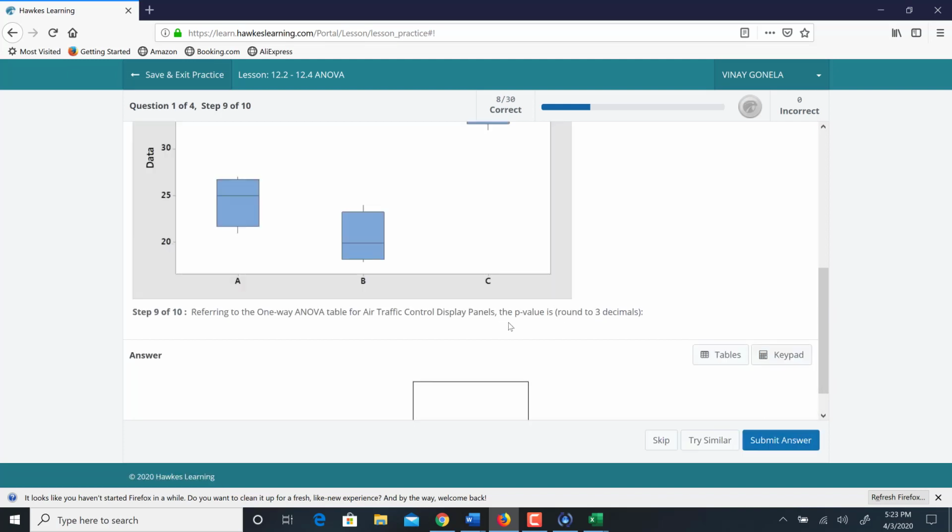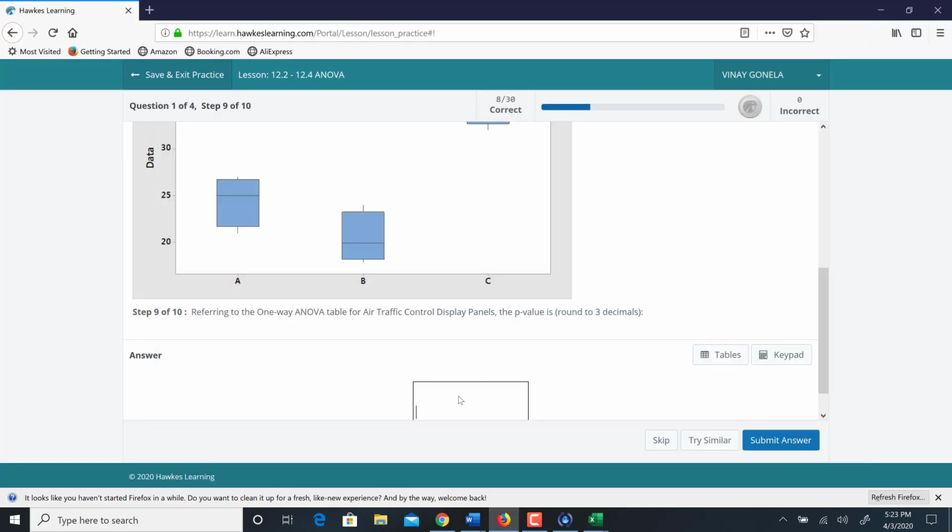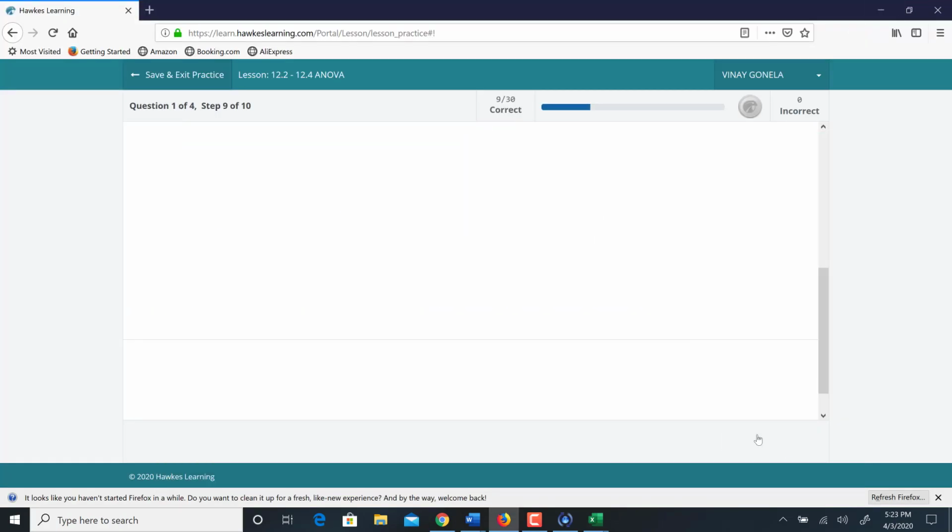And then finally the p-value. Usually the p-value is here. So the p-value is this. Again I will highlight it, copy that and paste it. So that is the p-value.